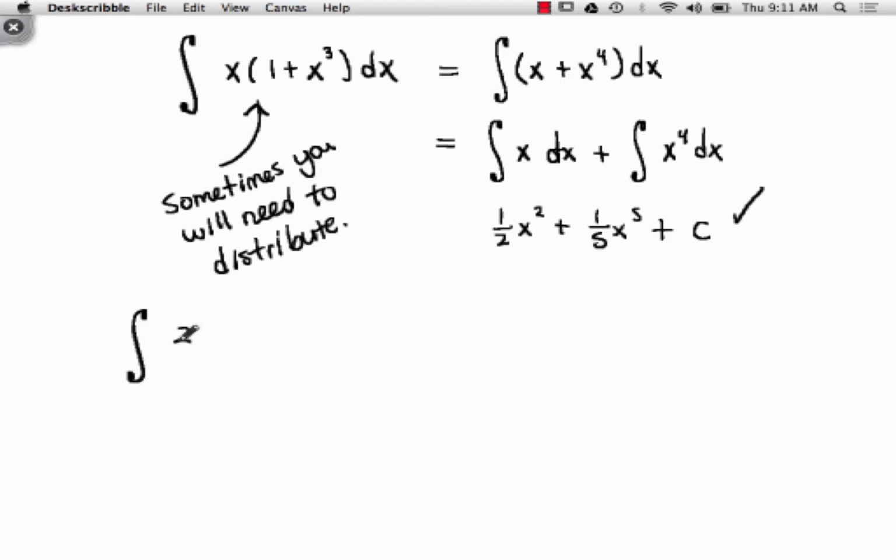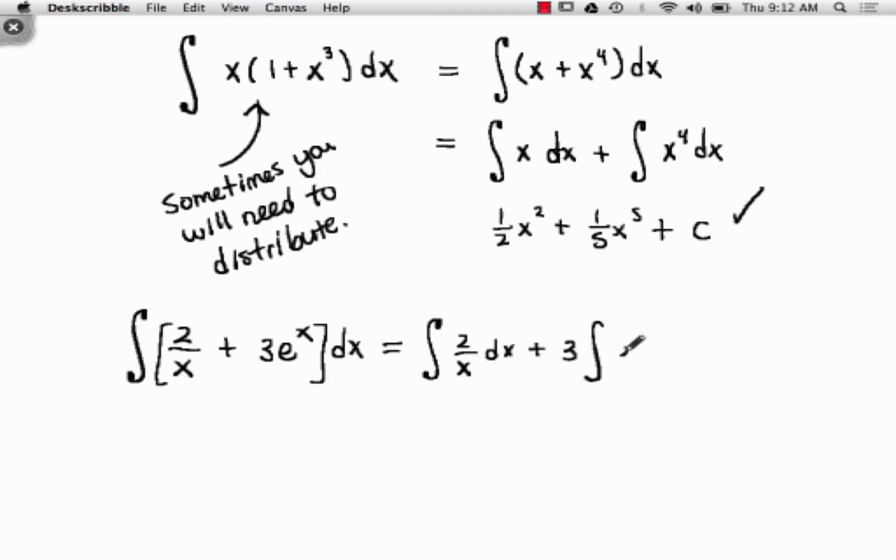All right. Let's find the antiderivative of 2 over x plus 3 e to the x dx. We have a sum rule, so this becomes the integral of 2 over x dx plus 3 times the integral of e to the x dx.